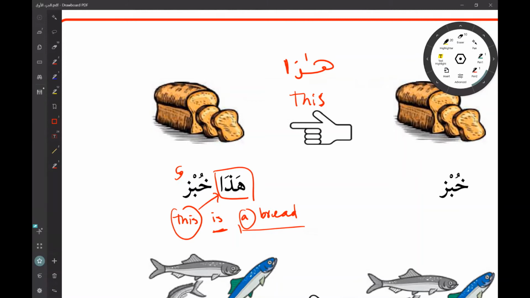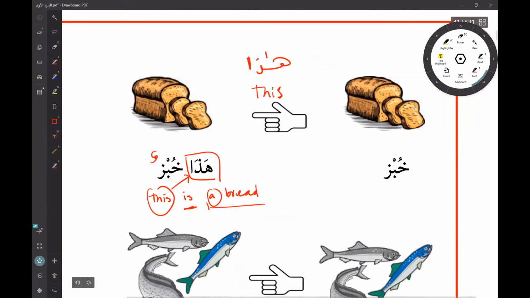There is a word for is, but we don't use it. In English, we cannot say this a bread, but in Arabic we can. Hada khubz, this a bread. But in English, we have to use that helping verb, which is: this is a bread. It's something to know when we're translating this sentence.